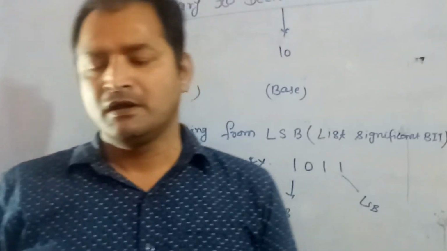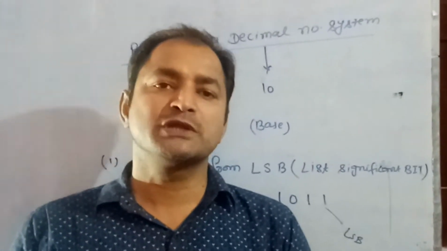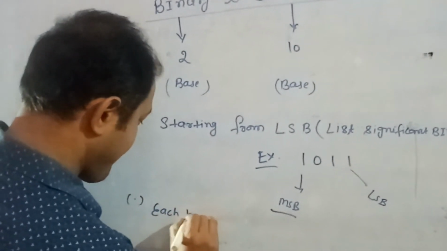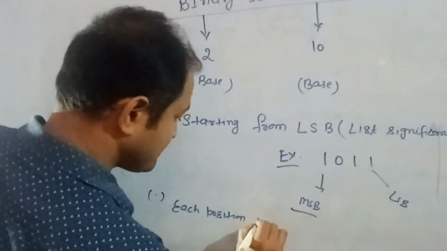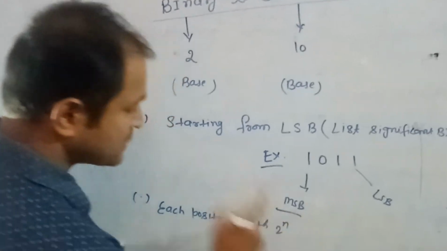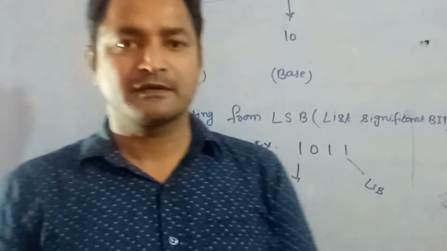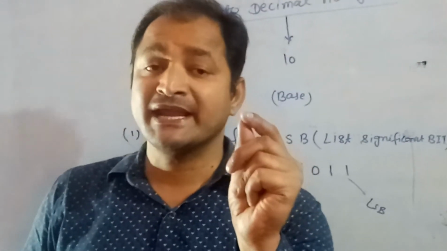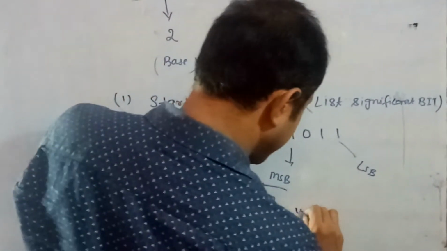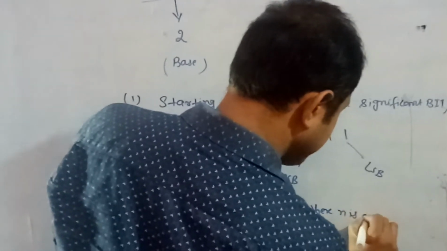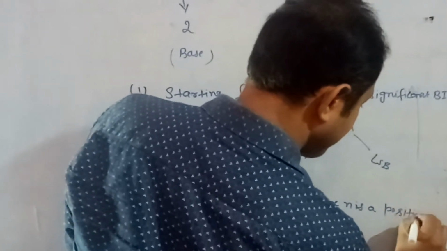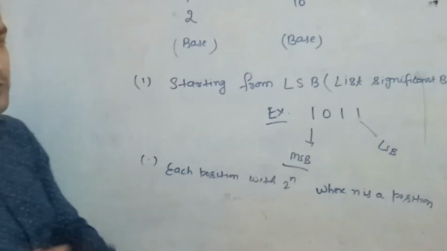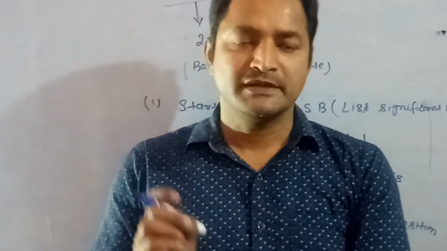Second step, multiply each position with 2 to the power n, where n is the position. These are the two important points: start from the LSB, and multiply each position with 2 to the power n, where n is the position.